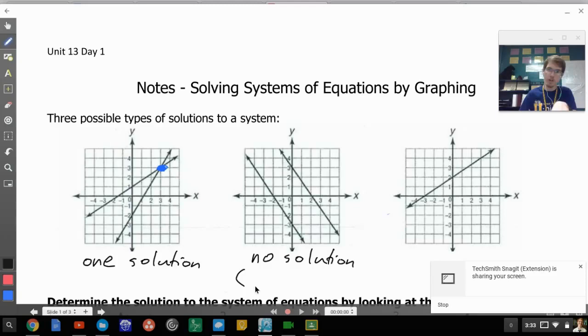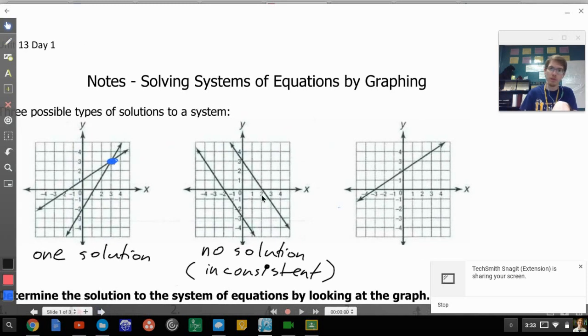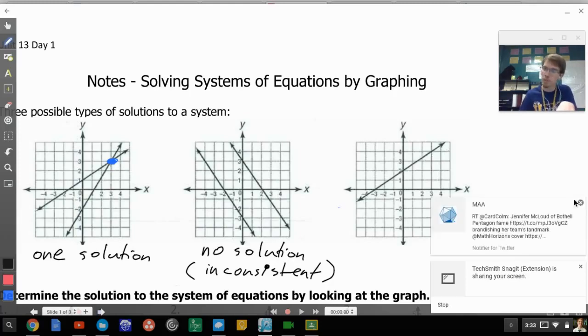Occasionally you might see the word inconsistent for this. Inconsistent. The third possibility you can have is this one, and you really can't tell, but there are two lines there. They just happen to lie one right on top of the other.